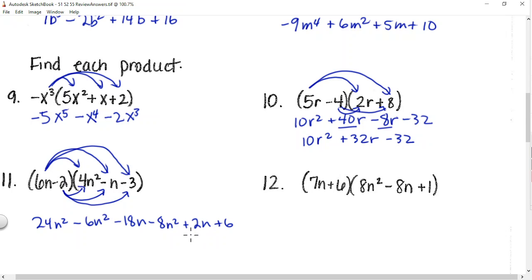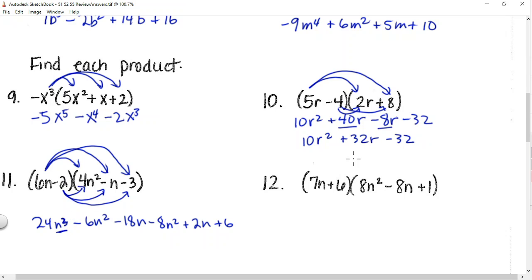So now we've got to combine like terms. And we see, oh, we should have had an n cubed here. Sorry, I made a mistake way back there. And maybe you caught that. You were hoping I would catch it, or maybe you were hoping I wouldn't. This should have been n cubed here, right?